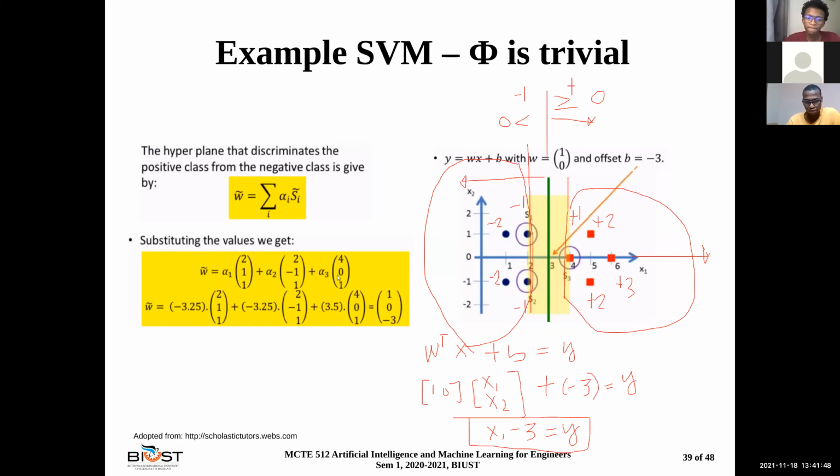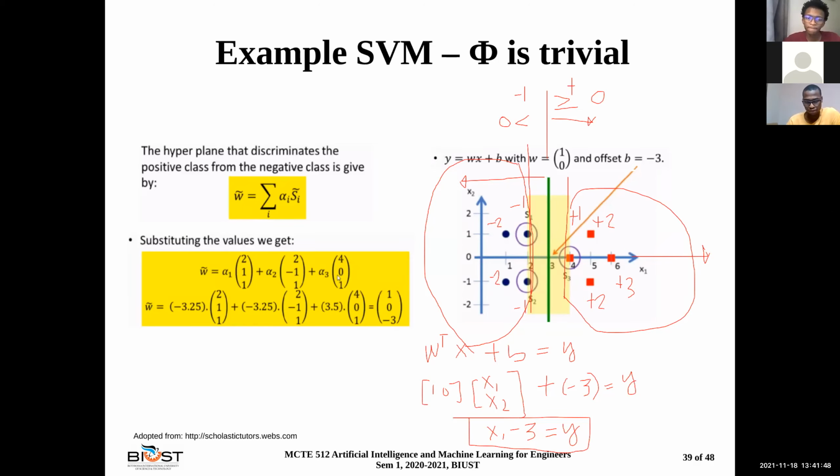Even here, no matter how we draw the lines, we cannot separate them linearly. So we say that this data is not linearly separable.